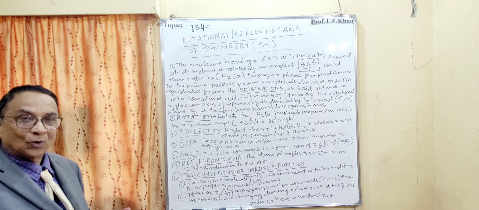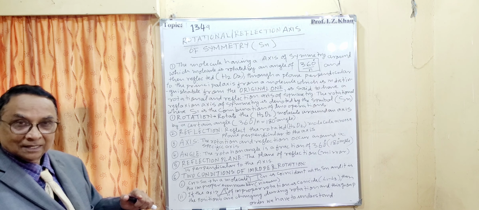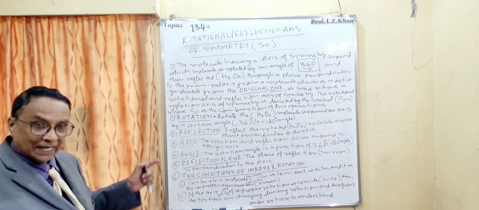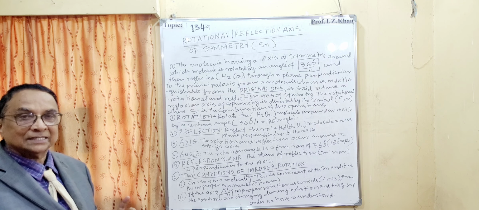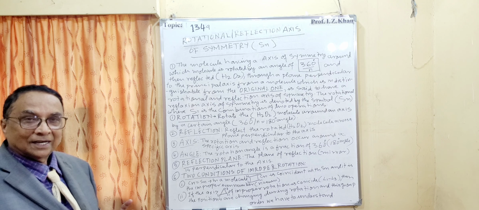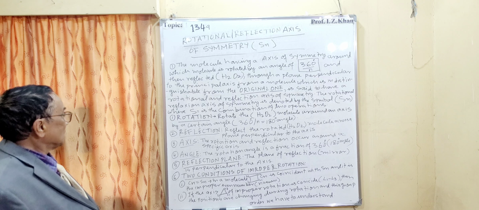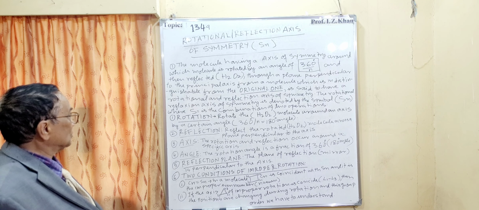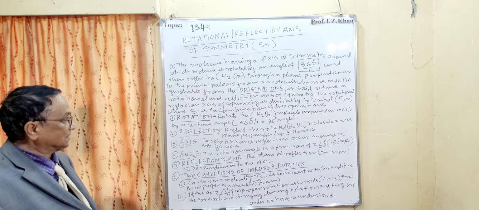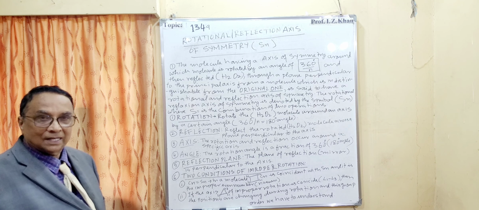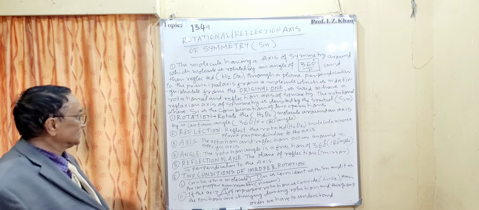Such molecules show this type of symmetry element: rotation, reflection, again rotation, again reflection, and again it reaches the same original identity. That means the molecule has a rotational reflection axis of symmetry element. The rotational reflection axis of symmetry is denoted by the symbol Sn, where S is the combination of two operations.